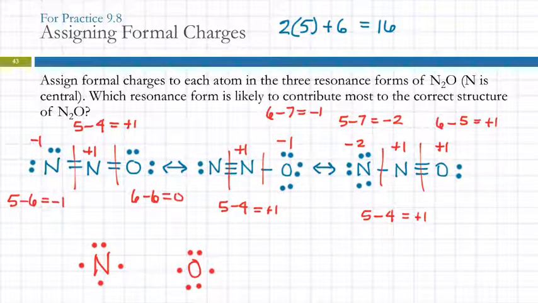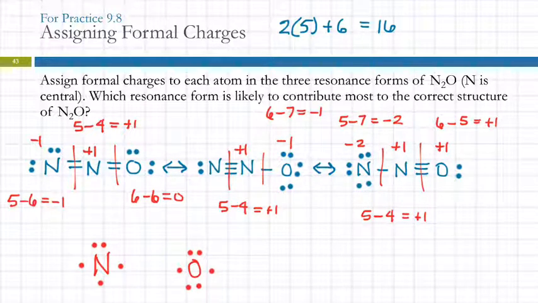Any questions about how I got the formal charges? Okay. Now, how do we choose which one is going to contribute more? Which one's better? We want lower formal charges. This one has higher formal charges. We have a 2 and 2 1s.